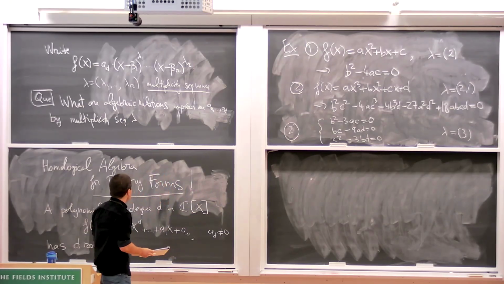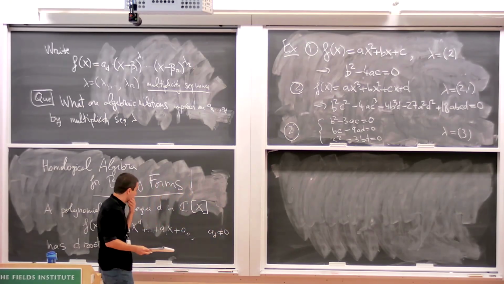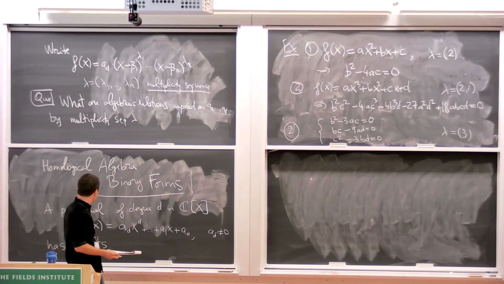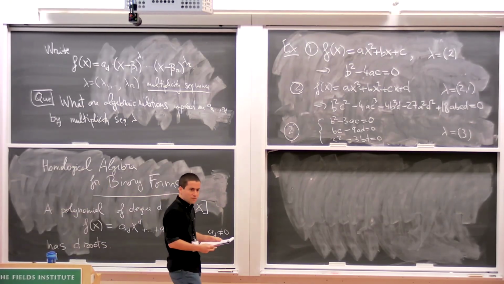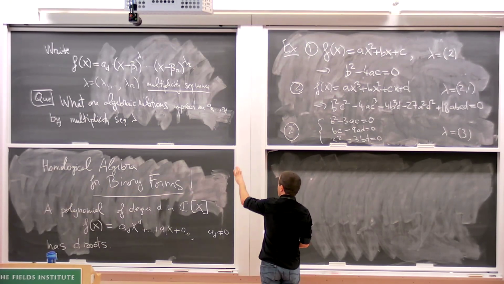One thing that maybe is a little awkward is this condition that a_d is non-zero. If I make the coefficient a_d equal to 0, then basically I'm dropping the degree of my binary form. So it's maybe slightly better to talk about this problem in projective coordinates.